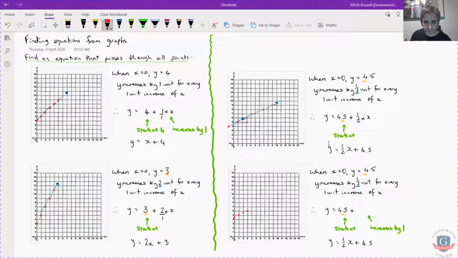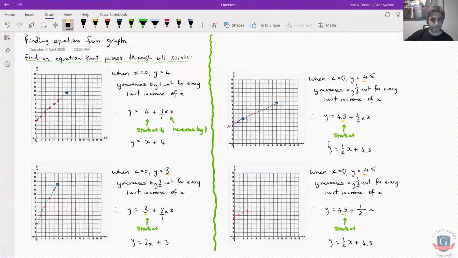So we put the run on the front, and we put the rise on the top. So for 2 units across, it's gone up 1. So it's gone up, there's the up 1, and there's the across. Oh, it's still a half. Let's get rid of this nonsense that I wrote over here.